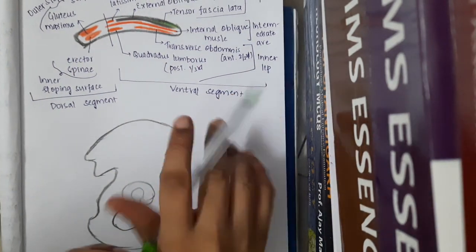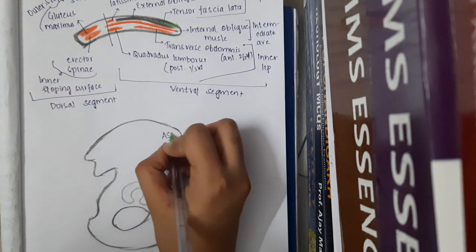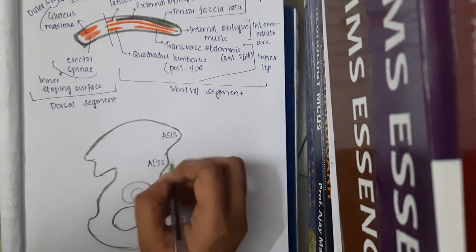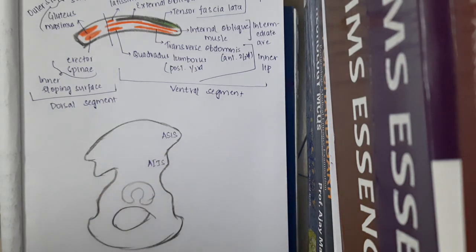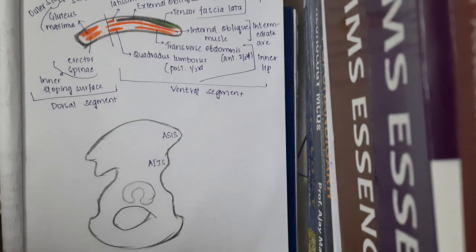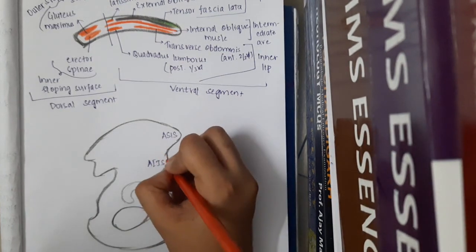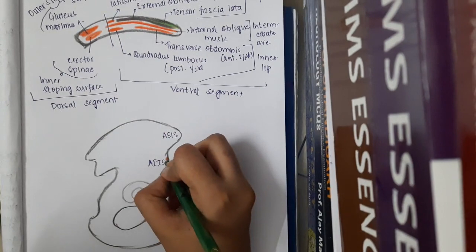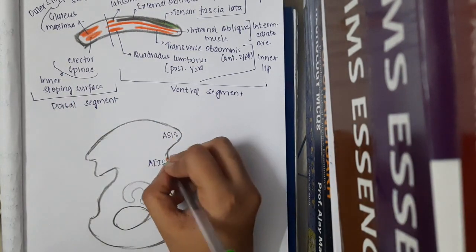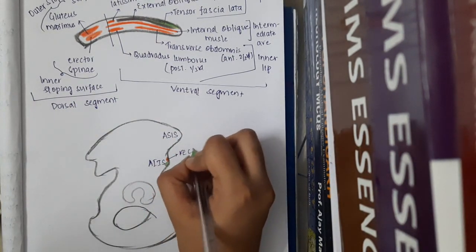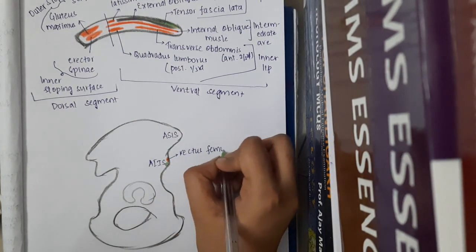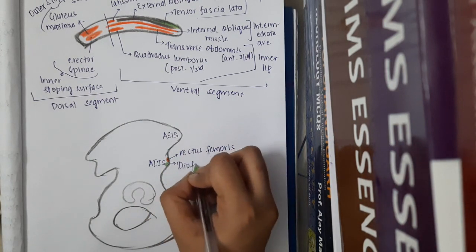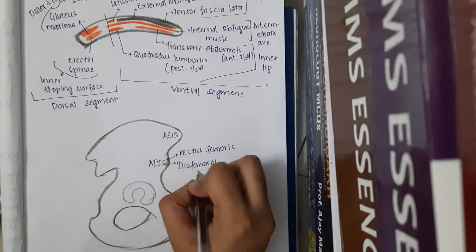In the anterior border, it has one anterior superior iliac spine, and it has anterior inferior iliac spine. To the anterior inferior iliac spine, there are two attachments which are seen. One, there is insertion of rectus femoris, and there is insertion of iliofemoral ligament.